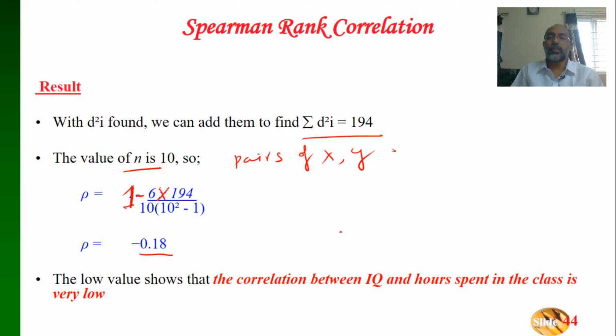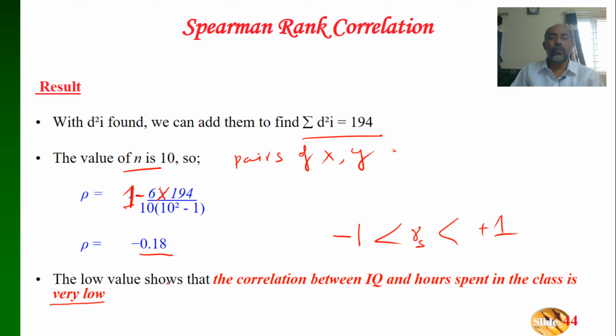As we said, the value may exist between minus 1 and plus 1. So you got minus 0.18, which means the correlation coefficient is there but very low, a negative correlation.